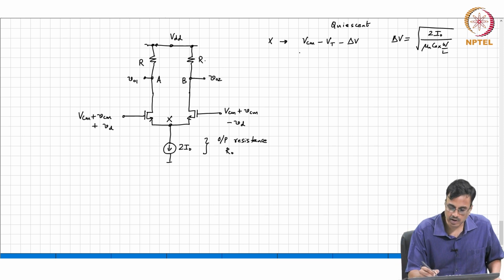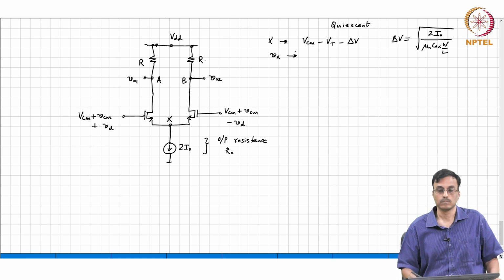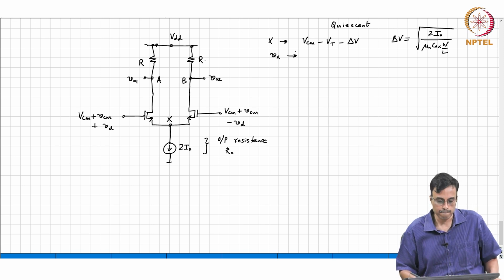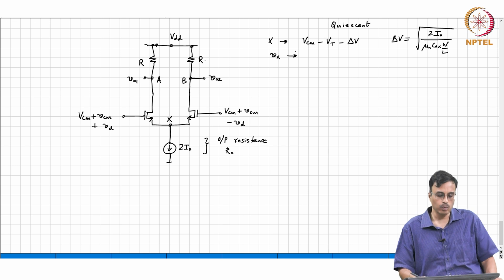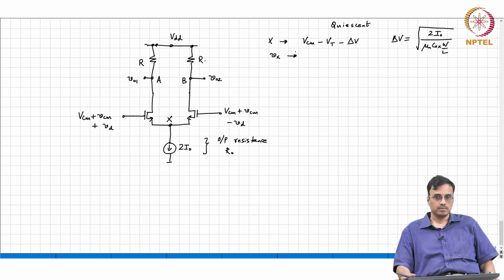So, the incremental voltage at X is what? What will be the incremental voltage at Vx? It is simply, how did you get VCM?